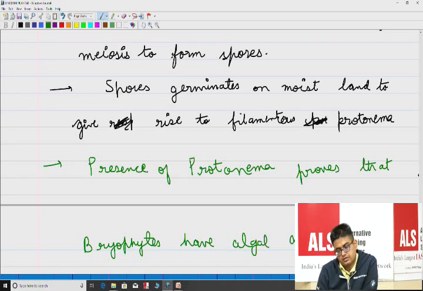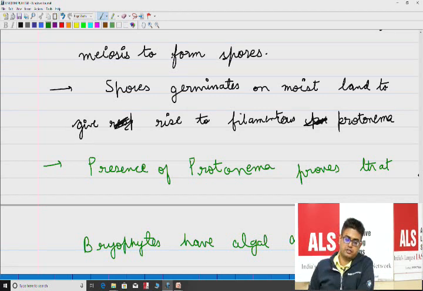Their ancestors are in algae. This is a very important point for your board examinations and everywhere. A very important point.